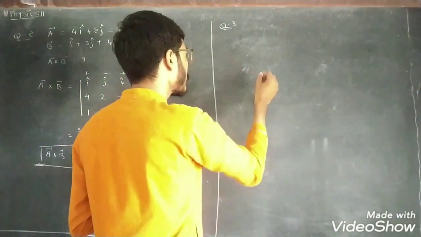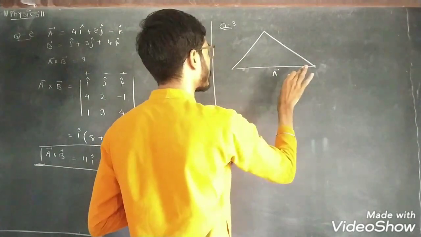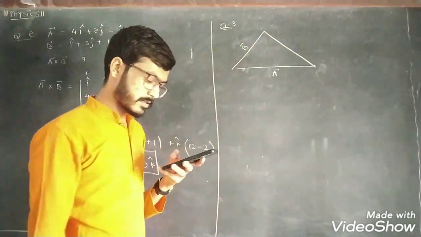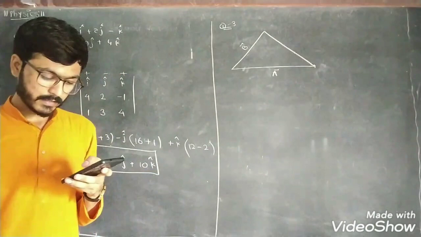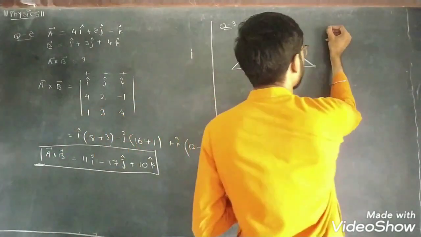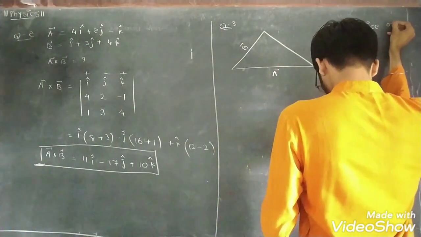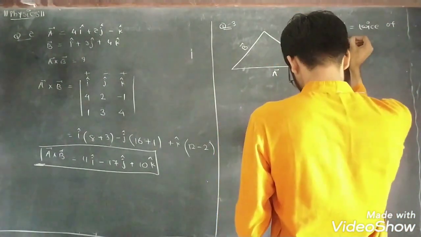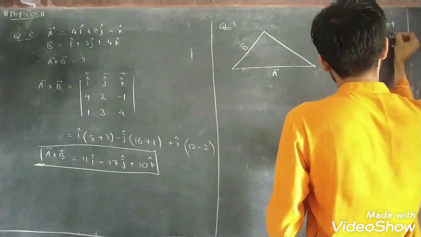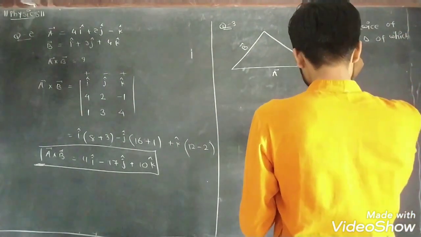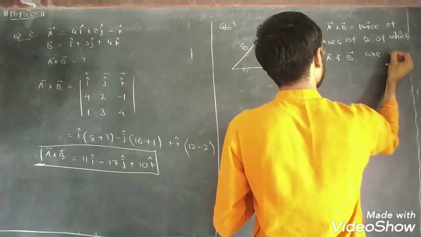Show that the magnitude of the cross product of A and B is equal to twice the area of the triangle of which vector A and vector B are the adjacent sides. Suppose this is vector A, this is vector B.